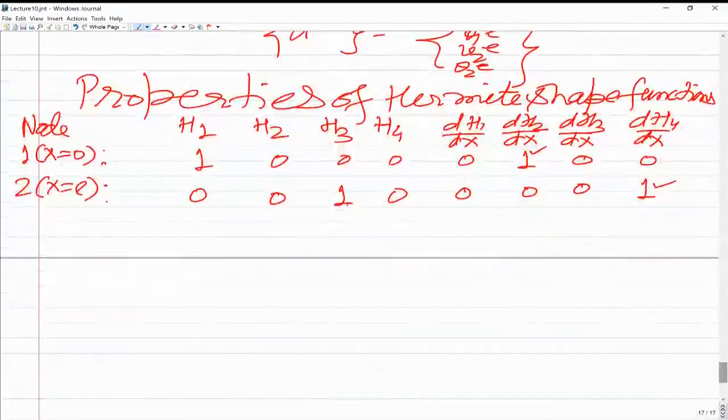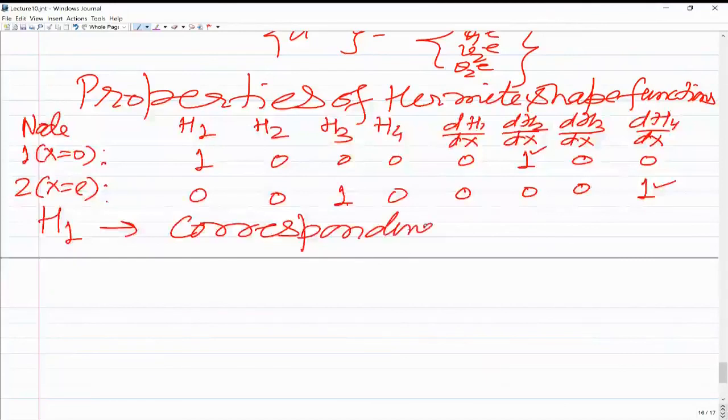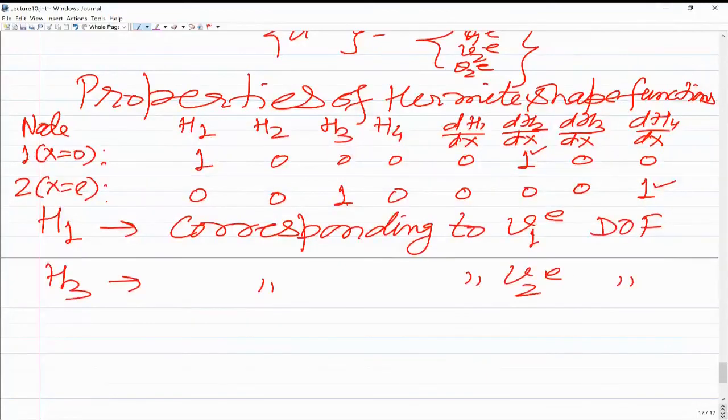So you would see that h1 is a shape function corresponding to the v1e degree of freedom, DOF meaning degree of freedom. Similarly, h3 corresponds to the v2e DOF. h2 corresponds to dv by dx at node 1 for the element, which we denote by theta 1e DOF.